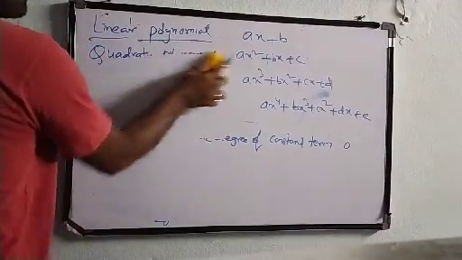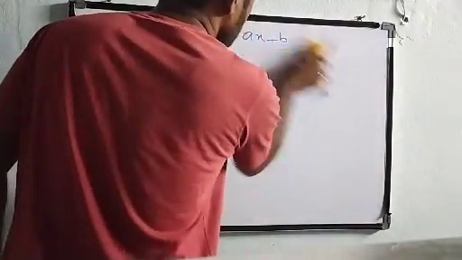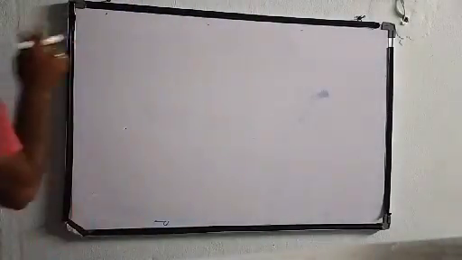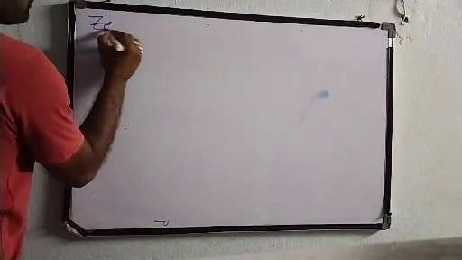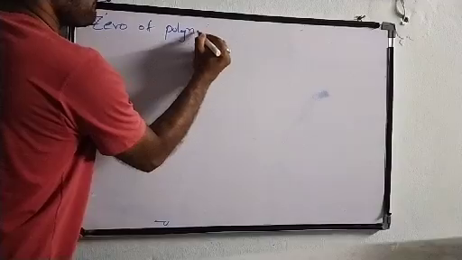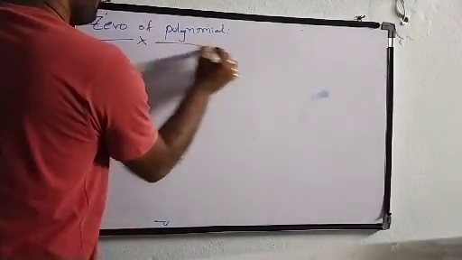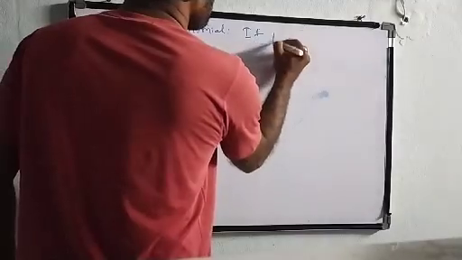The next, let us see the zero of the polynomial.